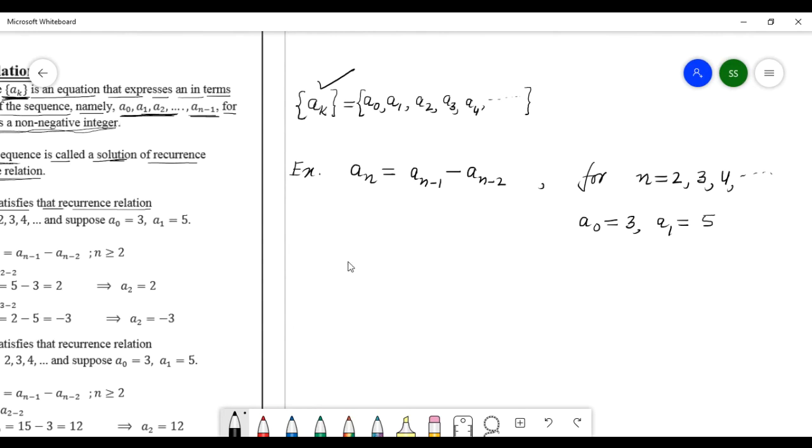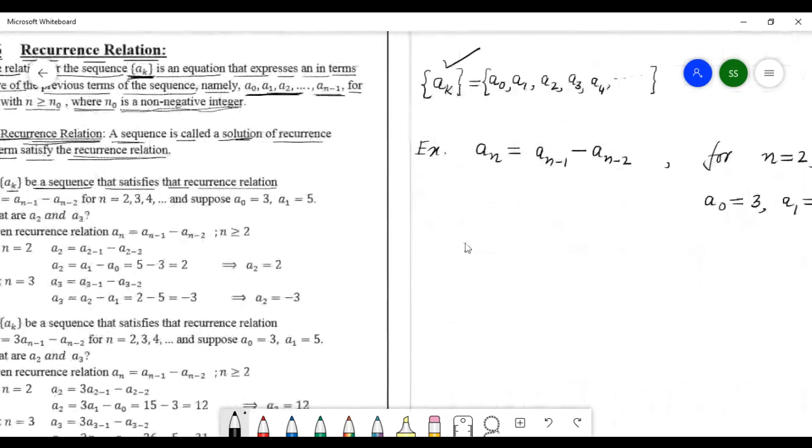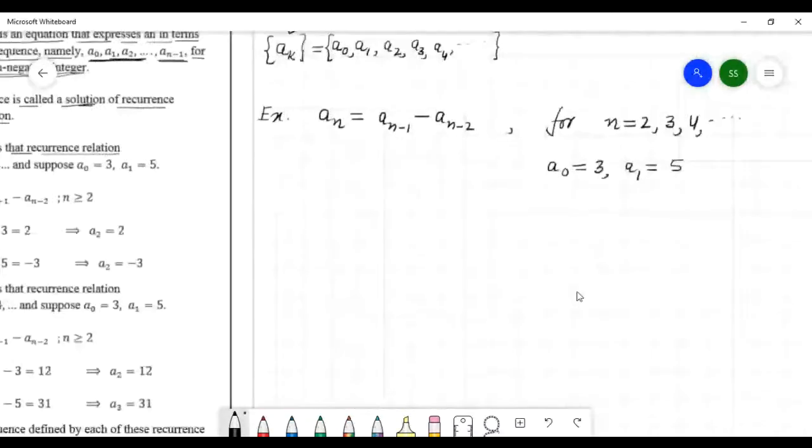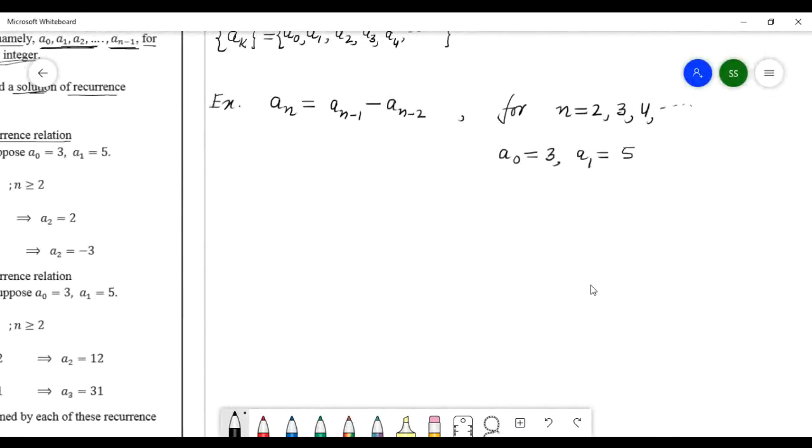What you have to find is what a_2 and a_3 are. What are a_2 and a_3? Look, see the solution here.